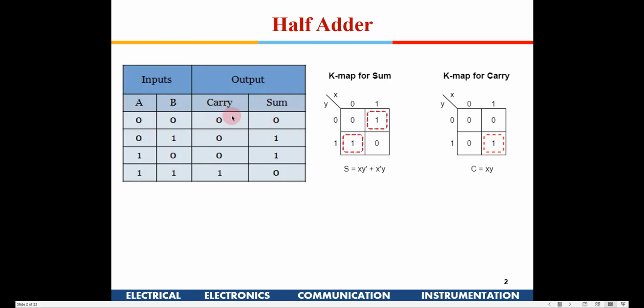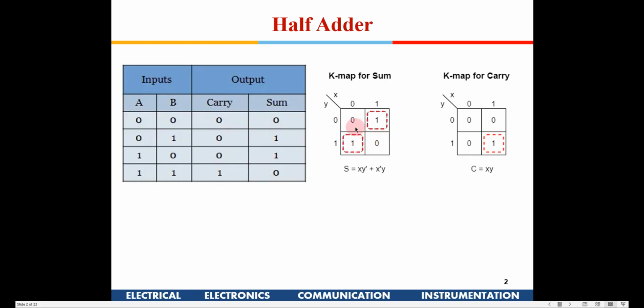There are 2 independent outputs, both functions of A and B. So for 0 1, sum will be 1, for 1 0 the sum will be 1, and for 1 1 the sum will be 0 and carry will be 1. Okay, so this is what the half adder truth table looks like.